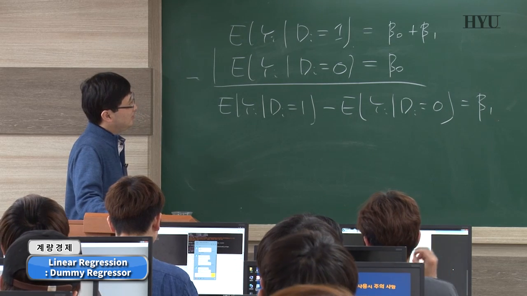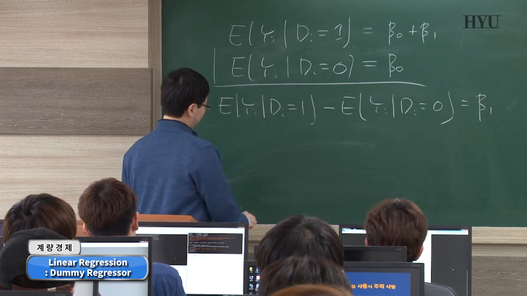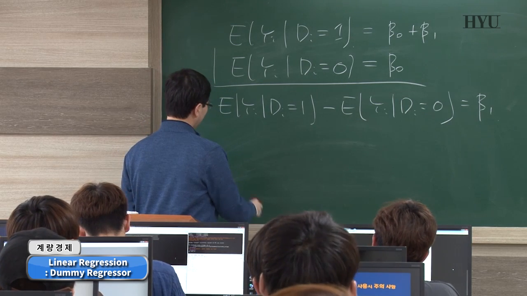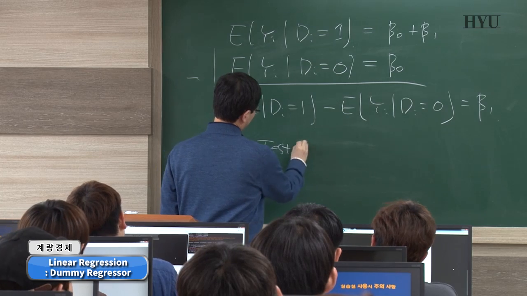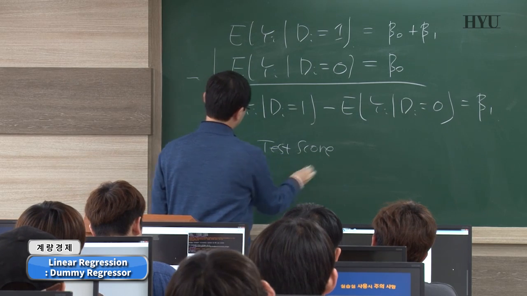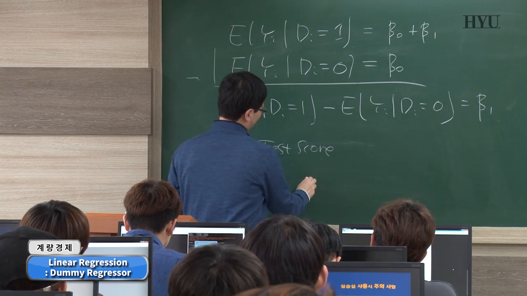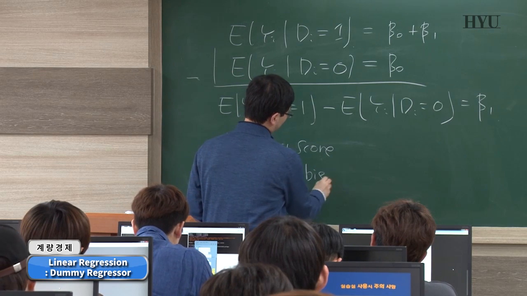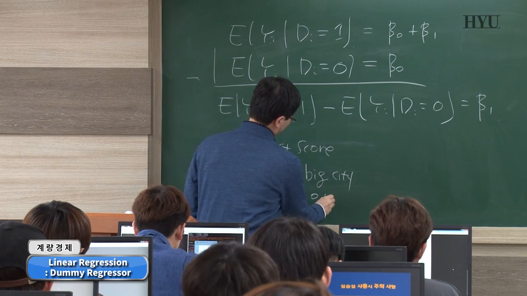Now, let me give you a few exercises. Suppose that yi is the test score, and di gets 1 if the school is in a big city, and 0 otherwise. Okay?